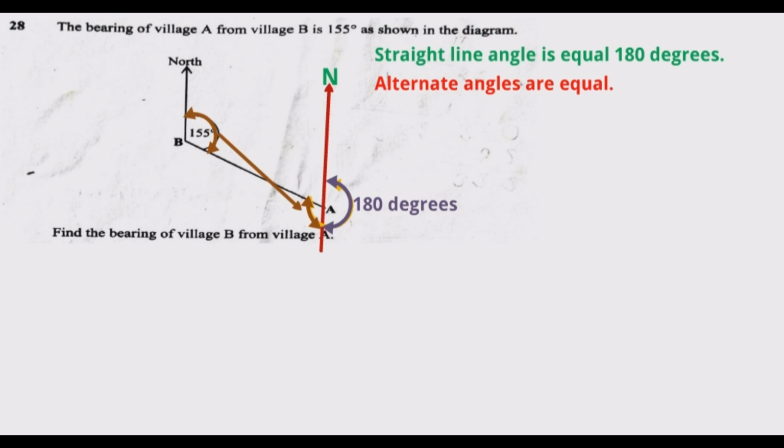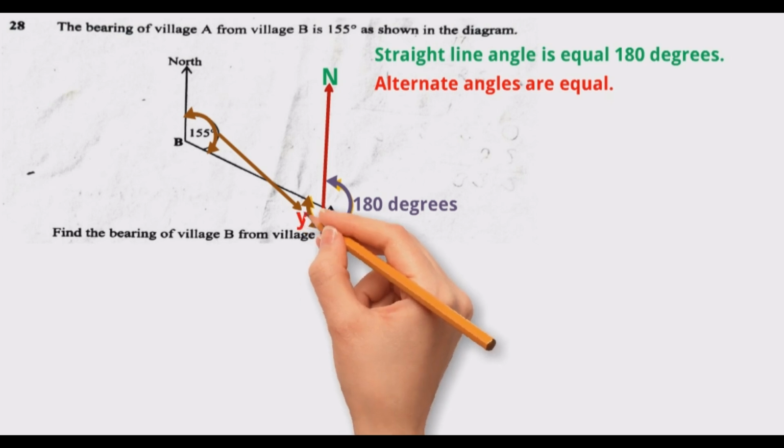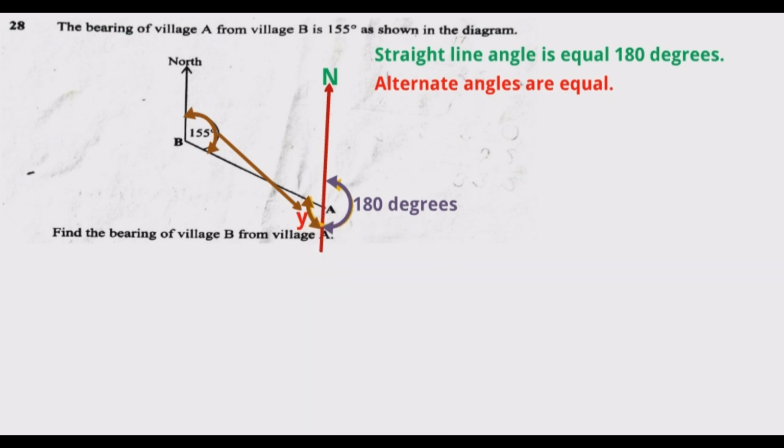This angle, which I'll call Y, is alternate to the given angle, so they are also equal. This angle Y is also equal to 155 degrees.